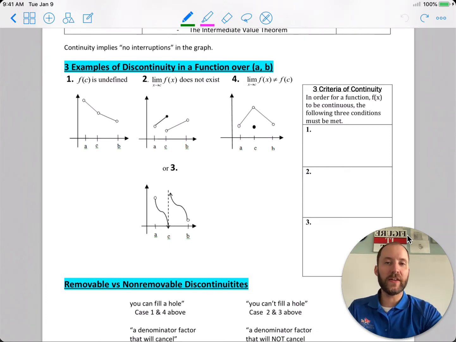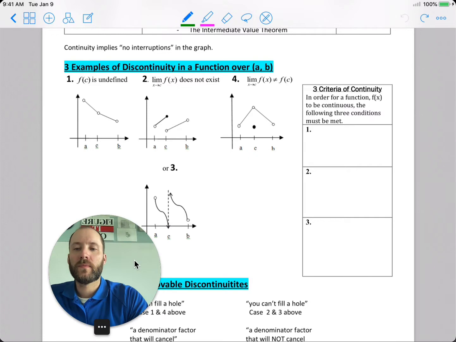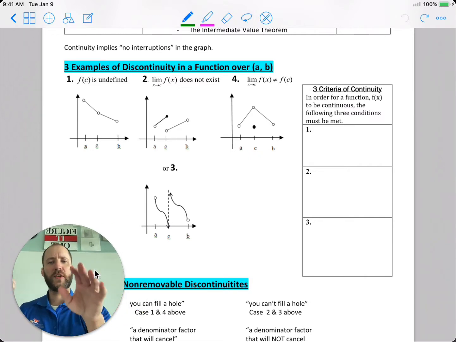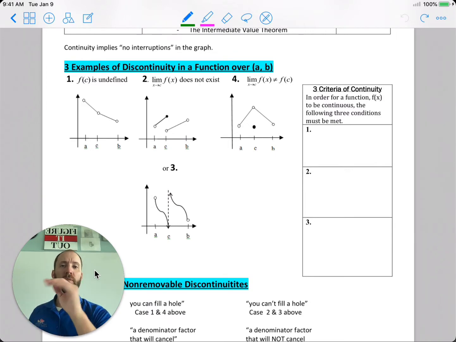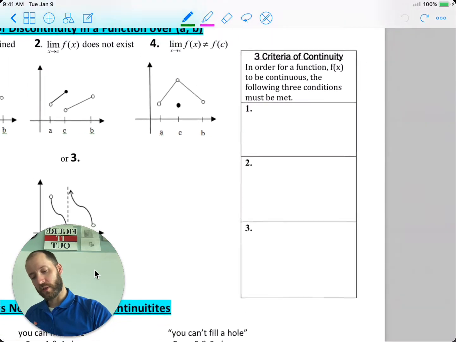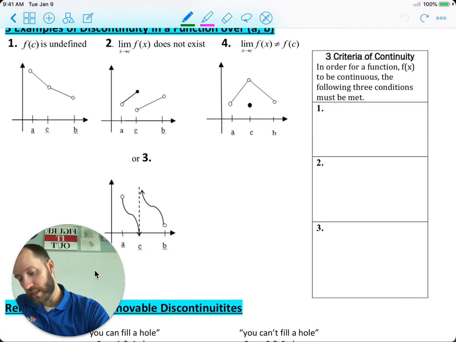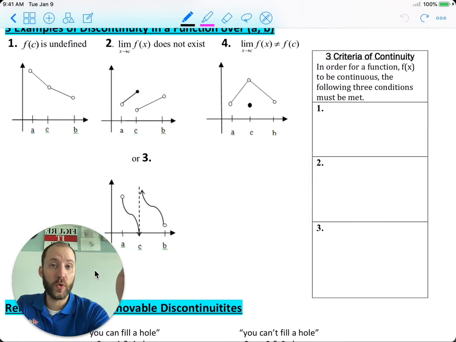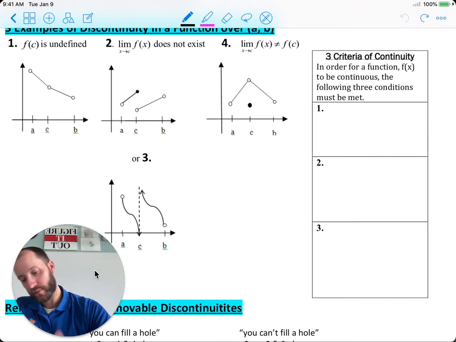For the criteria for continuity, we're looking at a test you can do that kind of shows how these 4 don't quite work. So the criteria for continuity, this is the 3-limit definition. If they ever ask you to show that the function is continuous at a point or at an interval, this is the test you want to do, these 3 steps.